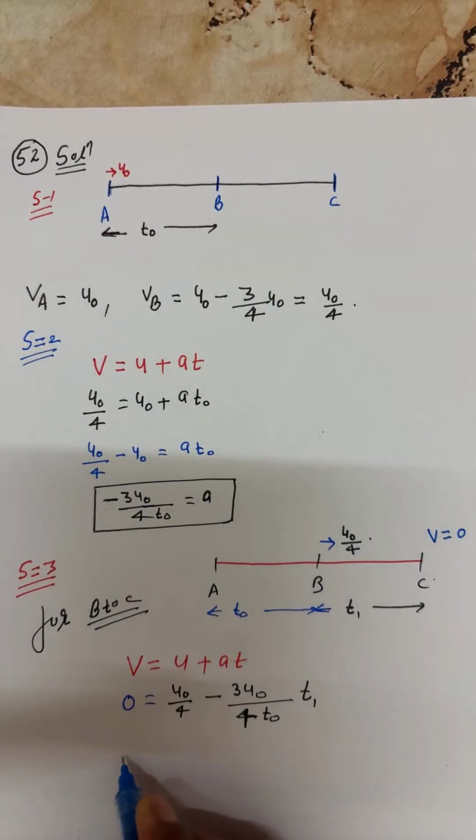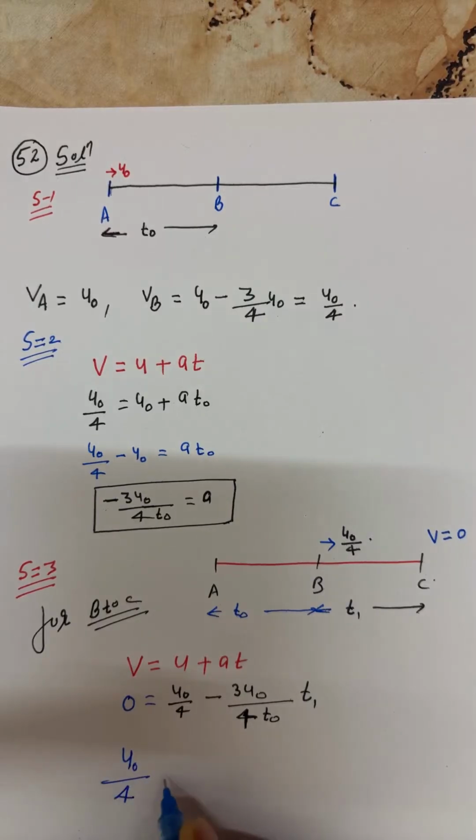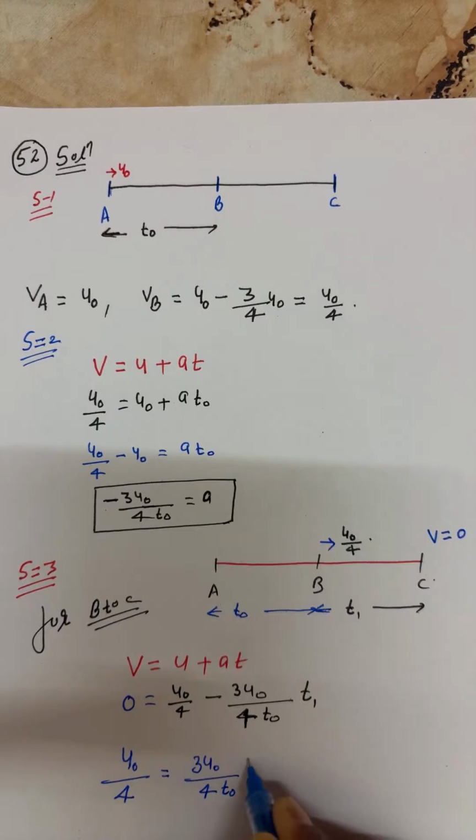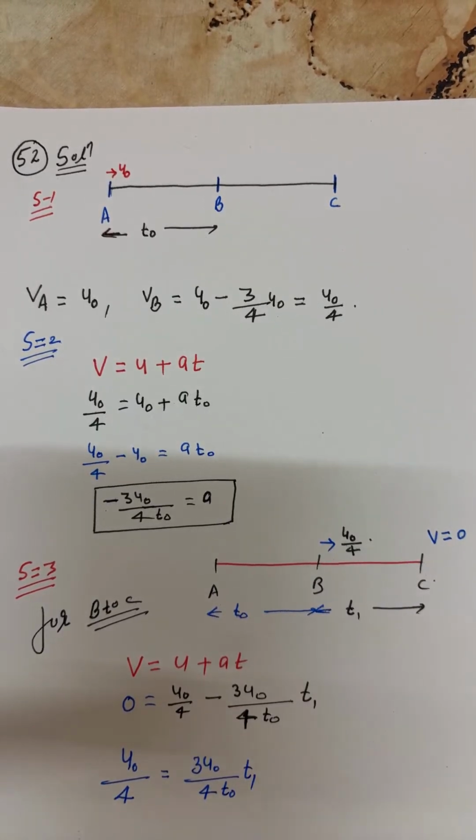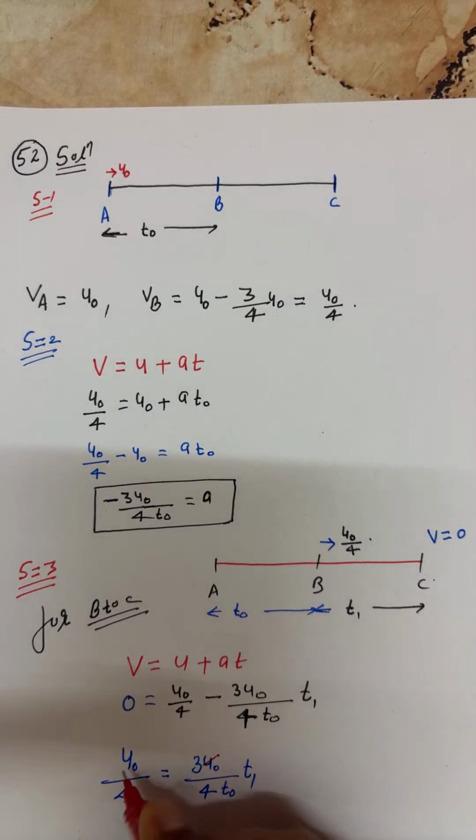So u naught by 4 is equal to 3 u naught by 4 t naught into T1. u naught and u naught cancel, 4 and 4 cancel.